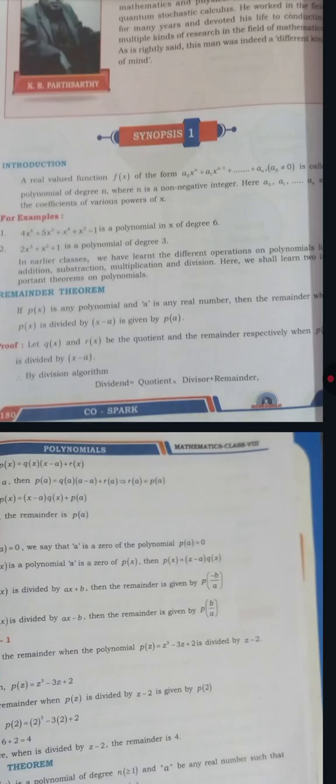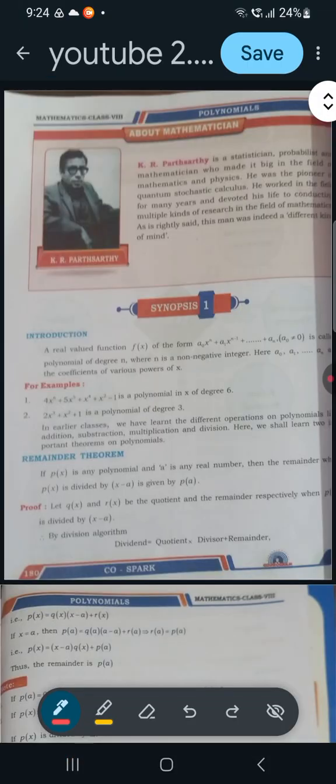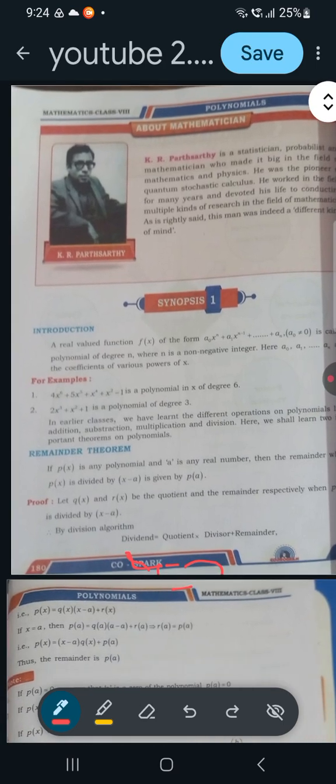For example, 4 divided by 2: the quotient is 2, the divisor is 2, plus remainder 0. 2 into 2 is 4, 4 plus 0 is 4.